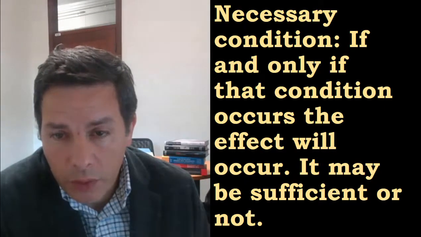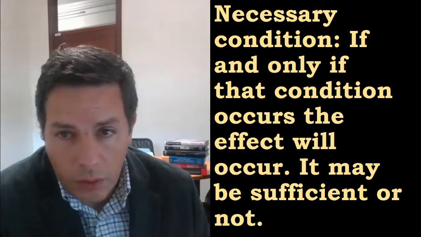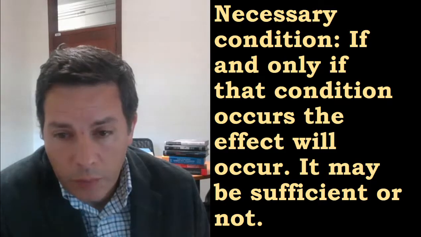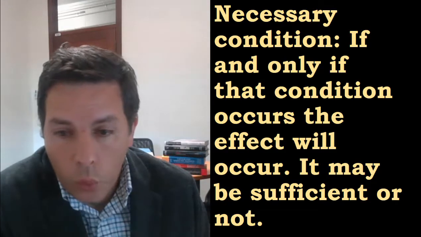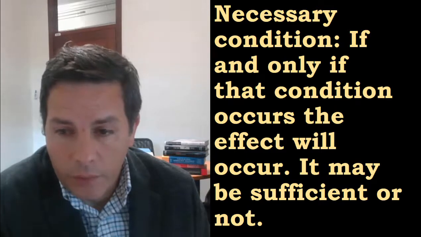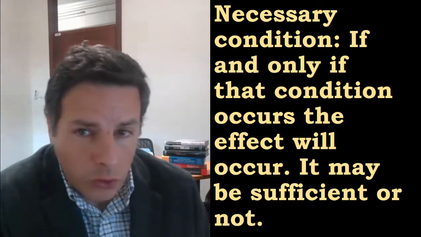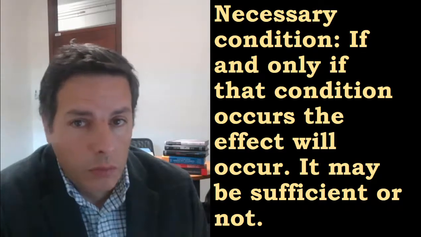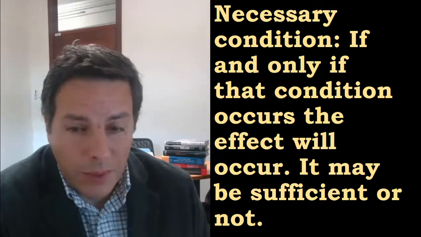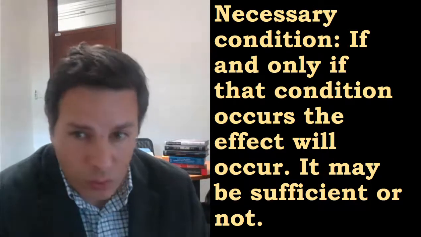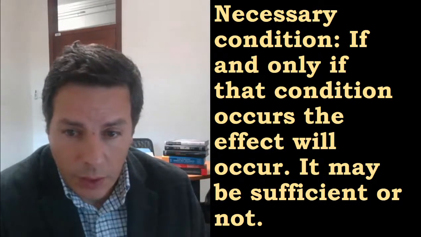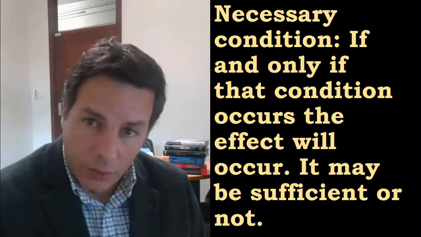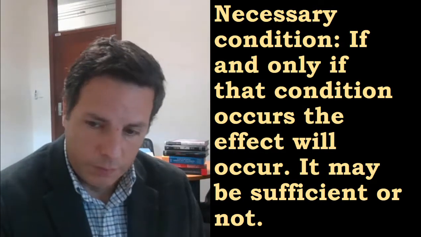So it's necessary because without that the effect doesn't occur, but in this case it will be sufficient because we don't need anything else to occur. Conditions could be necessary but not sufficient. So a condition that is necessary but not sufficient is something that needs to occur for observing the effect, but it's not sufficient. We need something else to occur as well to observe the effect.